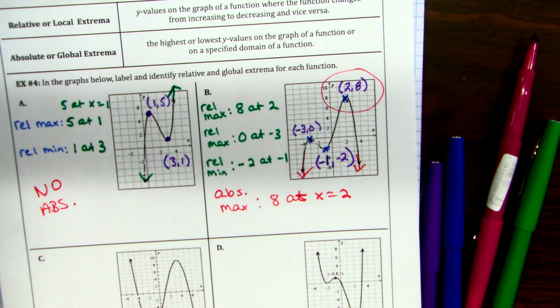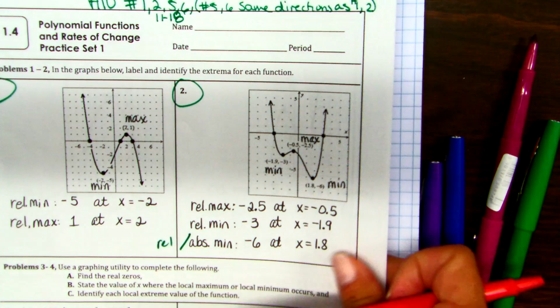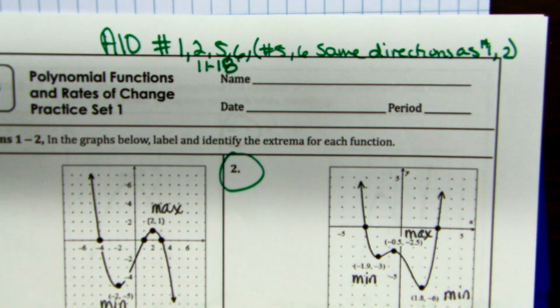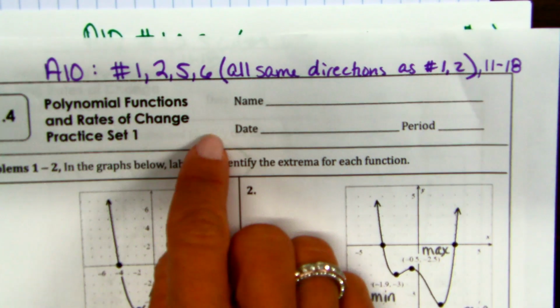All right, 1, 2, 5, and 6. You're going to do the same directions as we just did, okay? So when you get to number 5 and 6, they have different directions. Ignore them. 1, 2, 5, and 6. This is easier. I wrote it another way. My handwriting is messy right there. So 1, 2, 5, 6.